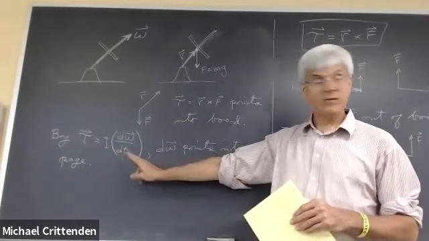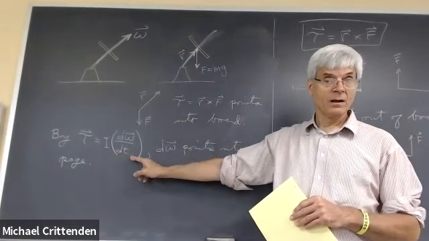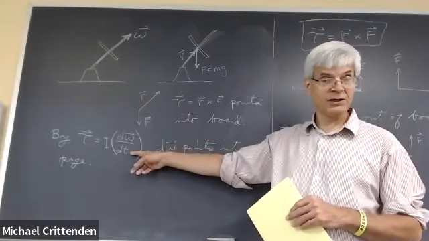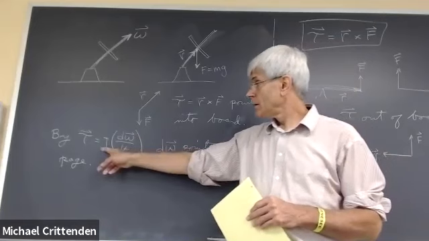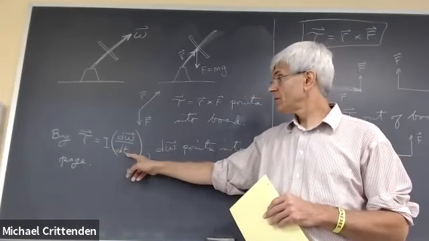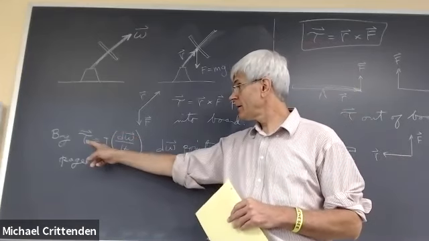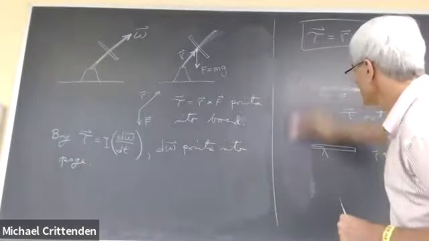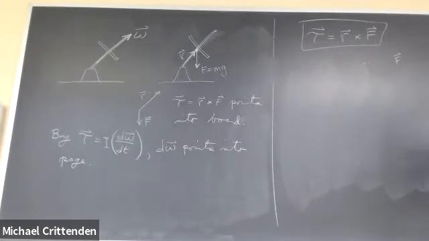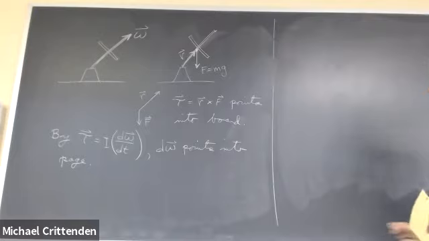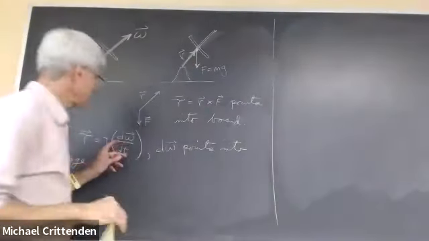Torque equals I times the angular acceleration, where the angular acceleration is the change in omega over the change in time. The moment of inertia and the time are scalars. So d omega has the same direction as the torque vector. The change has the same direction as the torque vector.